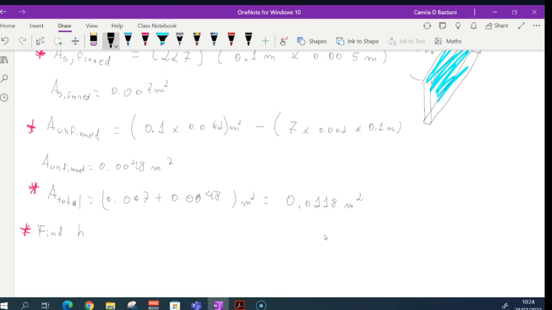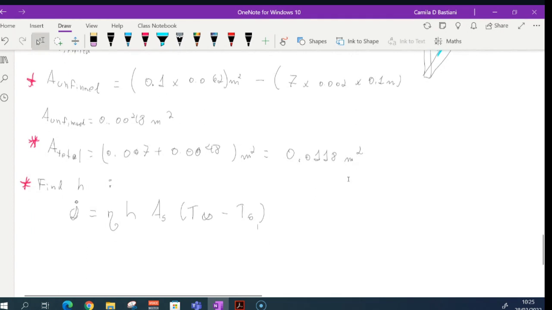So h is going to be my heat rate divided by my efficiency of the fin, h, area of the surface, that's my total area, temperature of the air minus temperature of the surface.